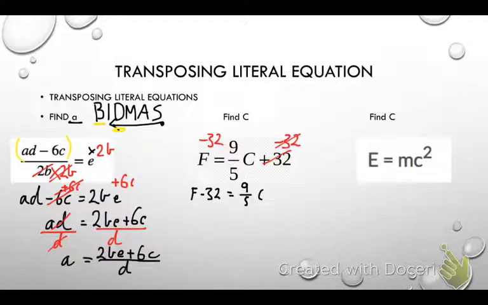I'm going to rewrite this: 9/5 C is the same as saying 9C over 5. Okay, and that might make it a little easier for you to follow. So, what's happening to C? It's been divided by 5, so first up, we're going to multiply by 5.